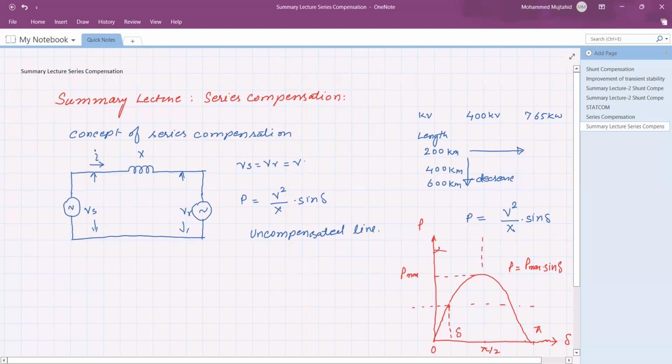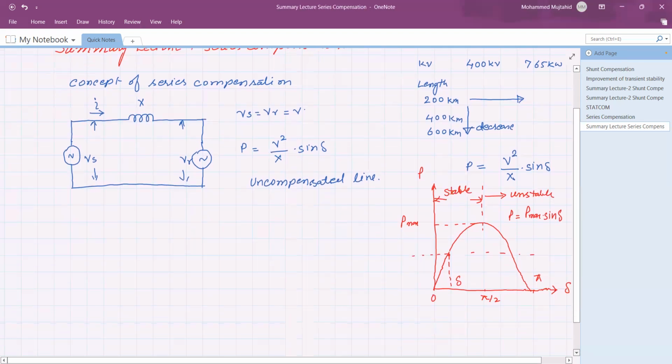So this part is a stable region, and this part is an unstable region. Our point of interest is that our system should operate only in the stable region, much below the calculated value, and that is called a conservative criterion from the stability point of view.